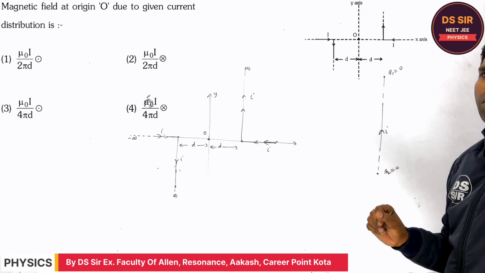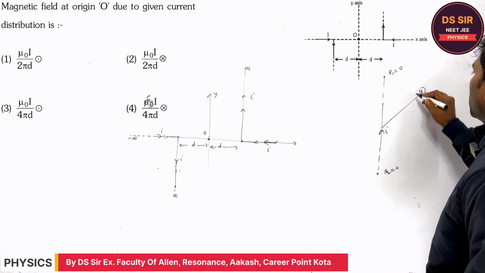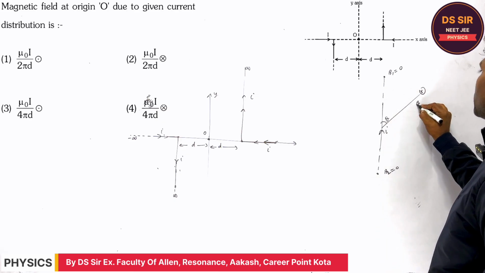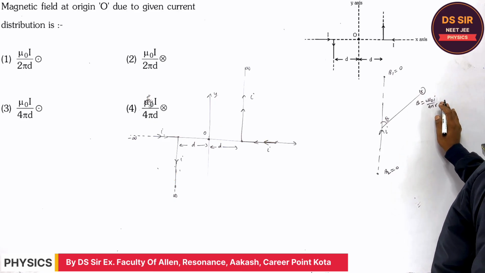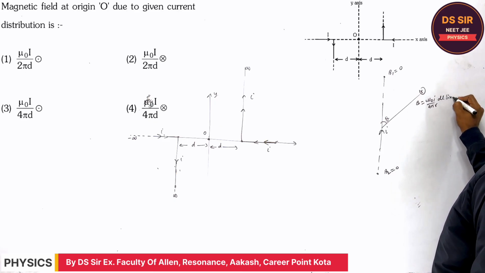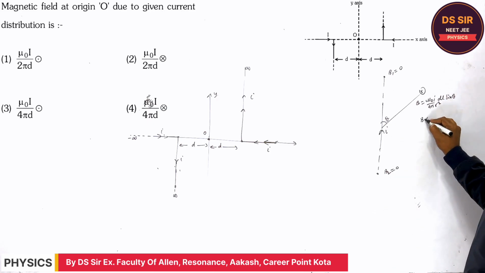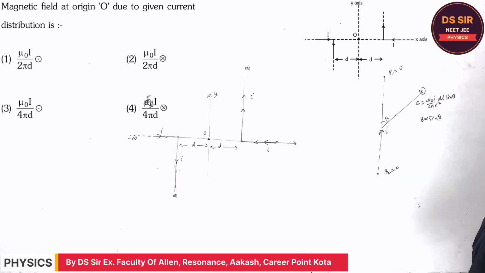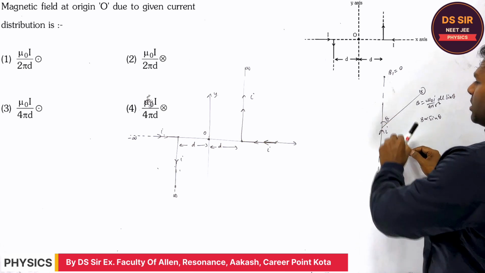Yes. Why is it 0? Look, if this is the theta, mu naught I upon 4 pi r, mu naught I dl sin theta upon r square. So B is proportional to what? Sin theta, the angle between the dl vector and the r vector.